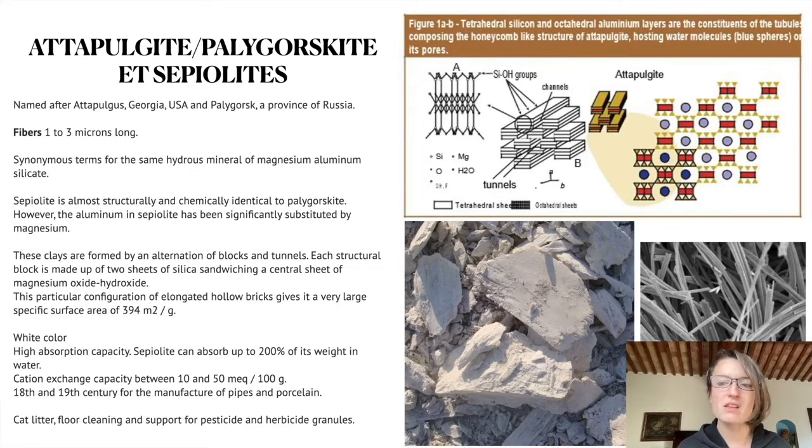It has a very, very strong absorbent capacity, and it doesn't swell. So it's mostly used in the industry, actually. It's used for cat litter, for floor cleaning, and as a support for pesticide and herbicide granules. So we won't use this one for body care, except for like chemical poisoning. We will talk about that later.